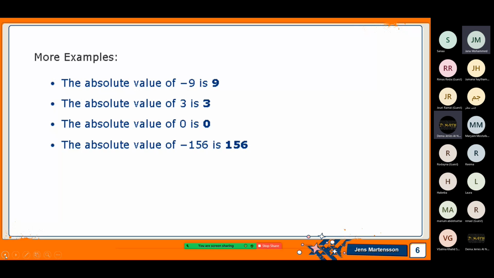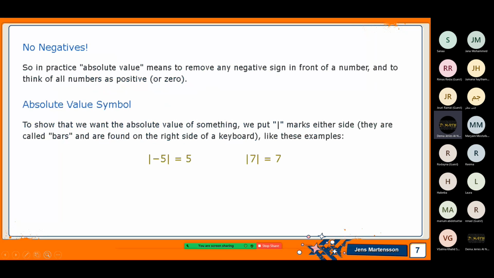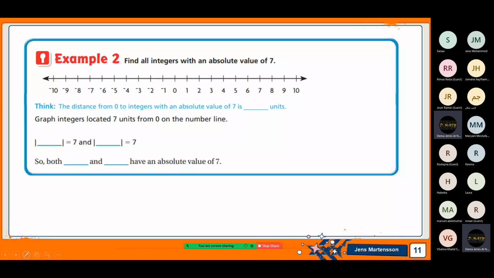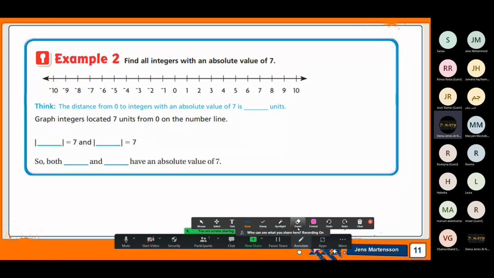Okay. What do you want to ask me? Now, we solve these examples here and we stop at example number 2. Now look at this example here.